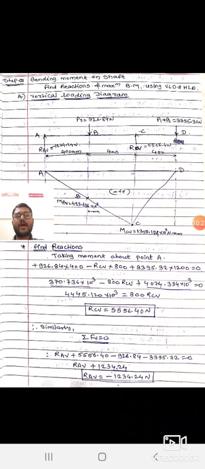Similarly, you have to find the reaction RAV. How to find RAV? By considering summation FV, the summation of all vertical forces, equal to 0.